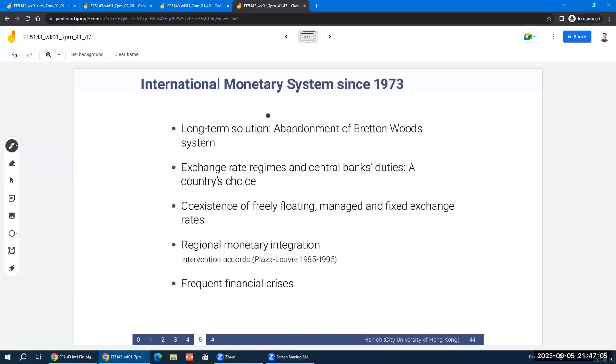So you have Hong Kong with pegged exchange rates. You have Singapore with a managed exchange rate, so they allow the exchange rate to move along a certain path. China does the same thing. They have, I think, a moving band. So we have lots and lots of variations on this management of exchange rate patterns, and at the same time free-floating exchange rates.